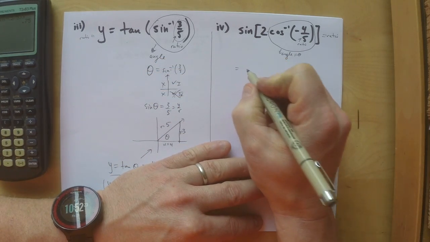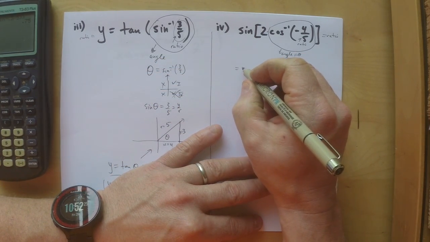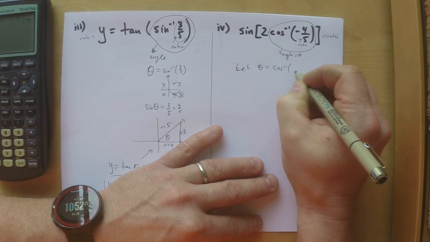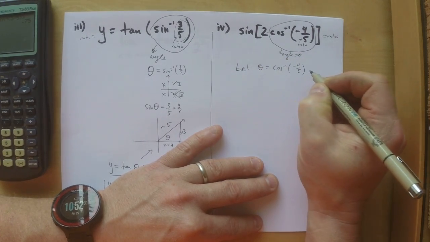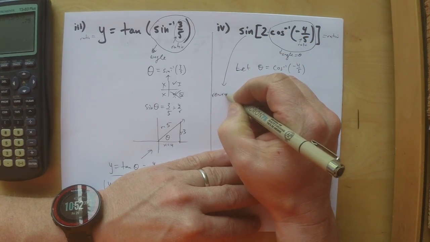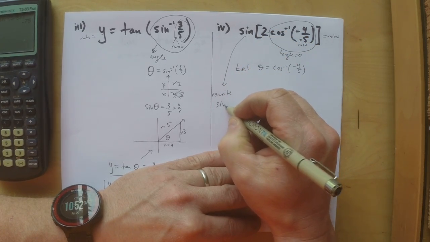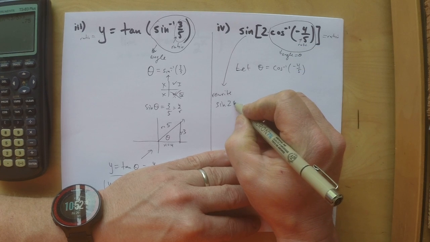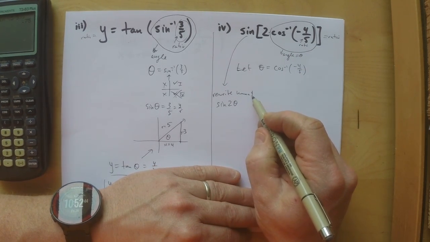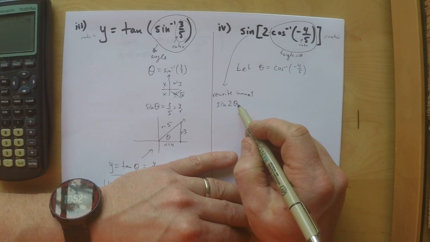So I'm going to rewrite this because I'm going to let theta equal arc cos of negative 4 over 5. And then I can rewrite this as sine of 2 theta. That makes it a little bit better on my eyes, but now I'm still upset with the theta.